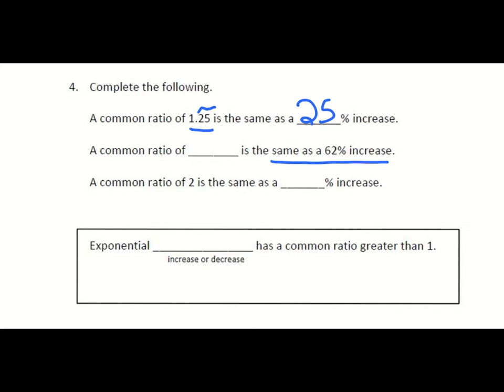So a 62% increase would be 1.62. A common ratio of 2 is the same thing as a 100% increase, because a 1 basically means 100%, so a 2 would mean 200%. So exponential increase has a common ratio greater than 1.